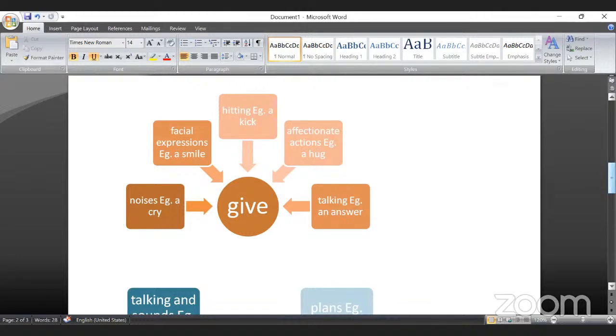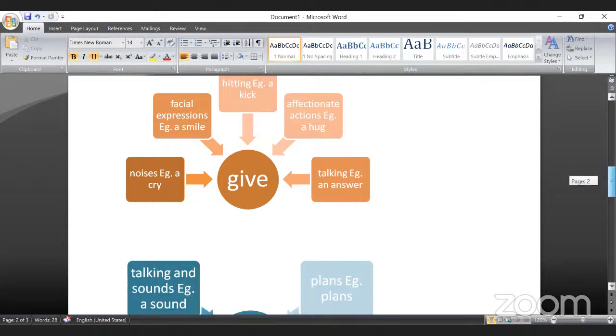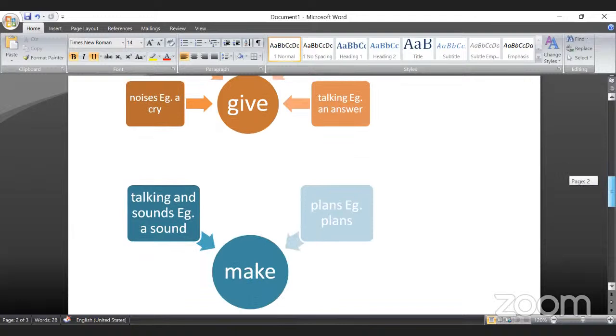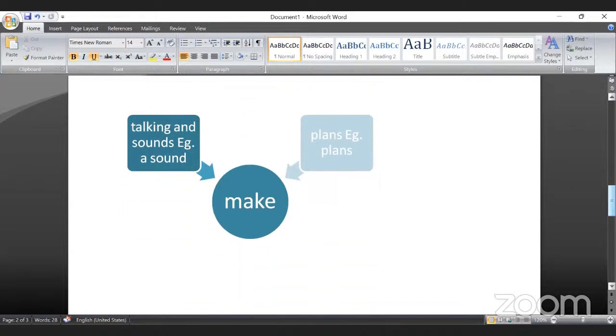Ma'am, is go slow this kind of thing or just a normal phrase? Normal. Go slow is an example of verb plus noun? No, no. Okay. Please look at make now.